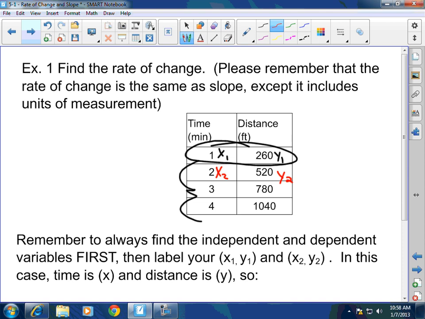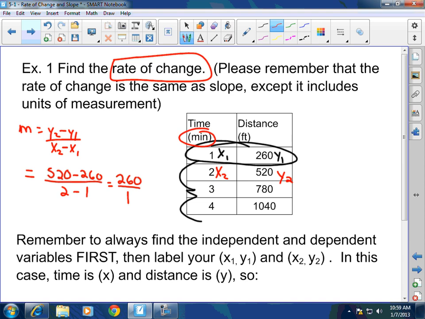Does this make sense so far? Now remember, my brothers, that slope equals y2 minus y1 over x2 minus x1. So let's plug in the formula. y2, 520, minus y1 of 260 over x2 of 2 minus x1 of 1. 520 minus 260 is 260 over 1. However, this is a rate of change. Notice how you had units? So what does this really mean?